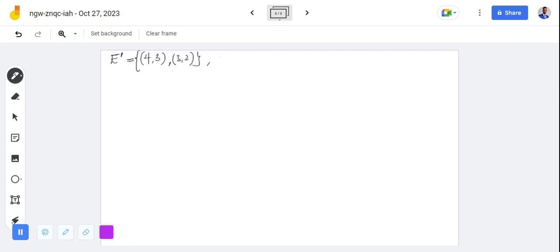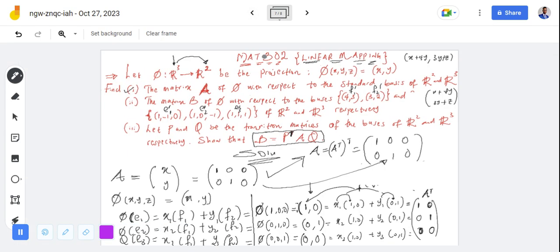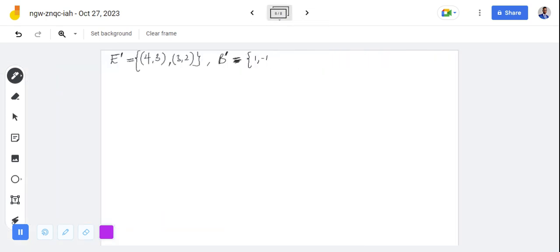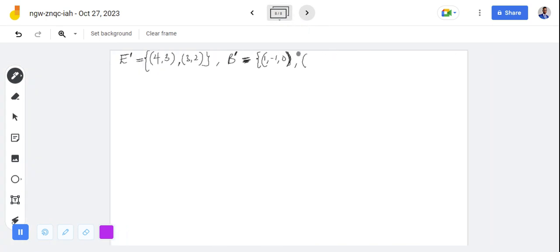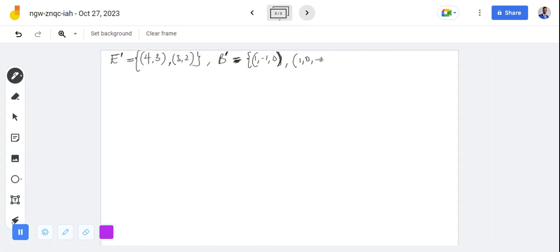And we have our B prime, which is the given base for that linear mapping. So we have this one as 1, minus 1, 0. Sorry, I'll put this in a bracket. I have the next one as 1, 0, minus 1, and I have 1, 1, 1.